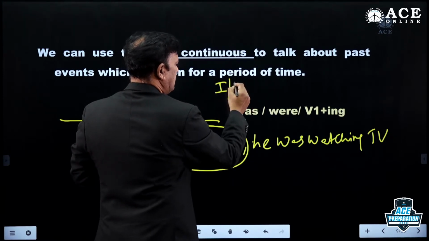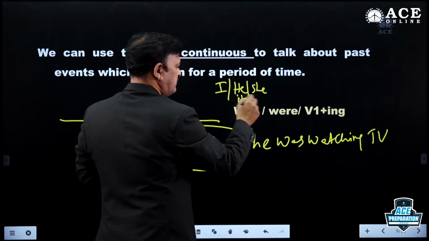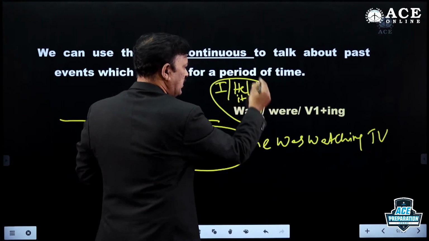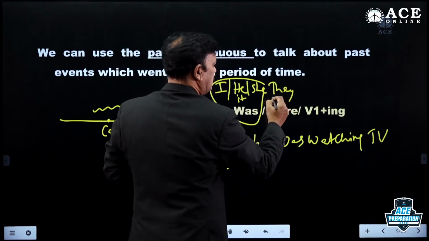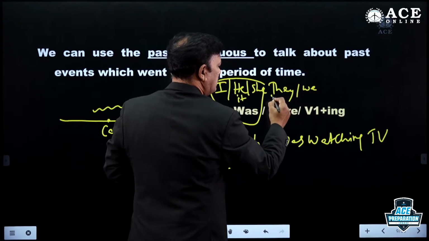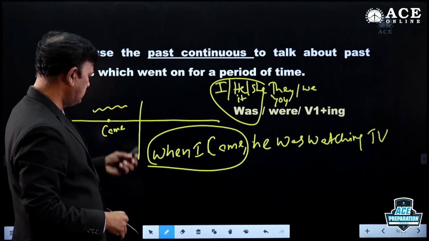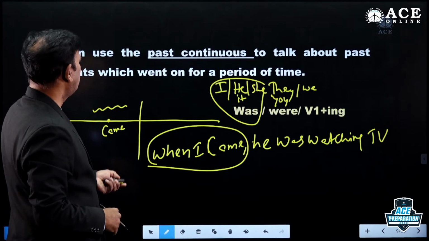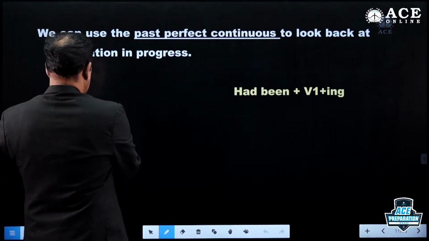I take was, and he, she, it was. This one, were: we were, you were, plus ing form. Okay.